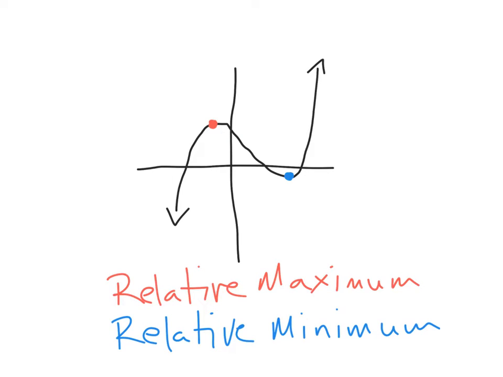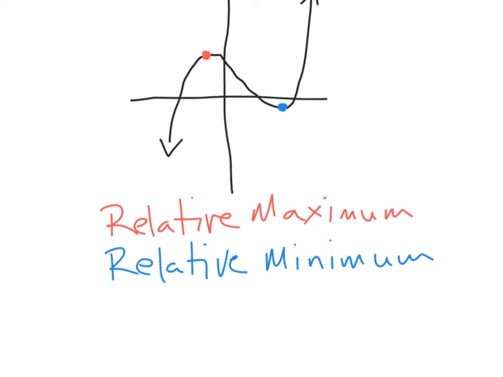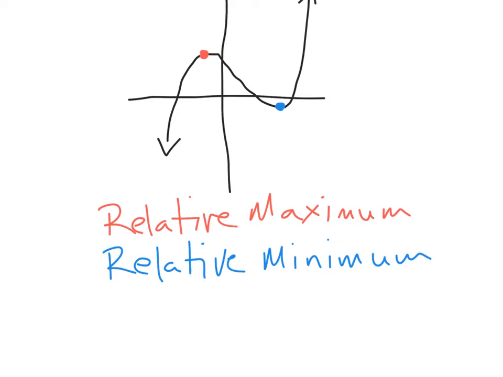Now, when we talk about graphing and we talk about these points that are relative maximums or relative minimums, they have another name that encompasses both of them. They get called extrema. So extrema in a graph and in a polynomial function are places where something interesting is happening, specifically relative maximums and minimums.